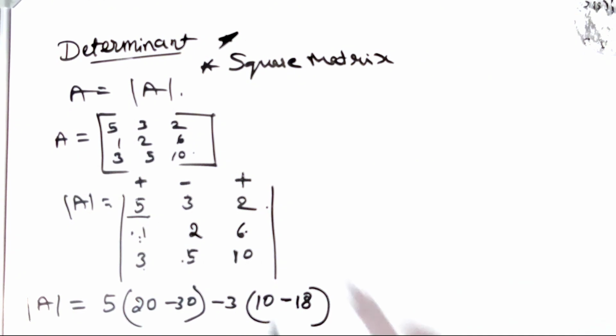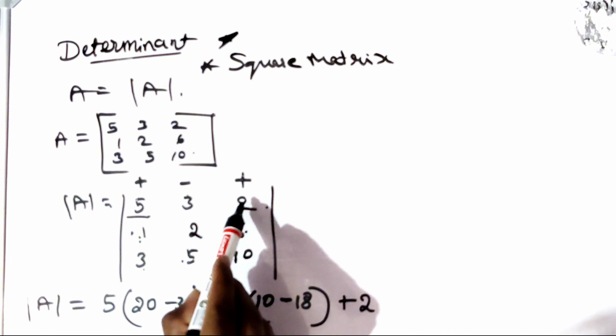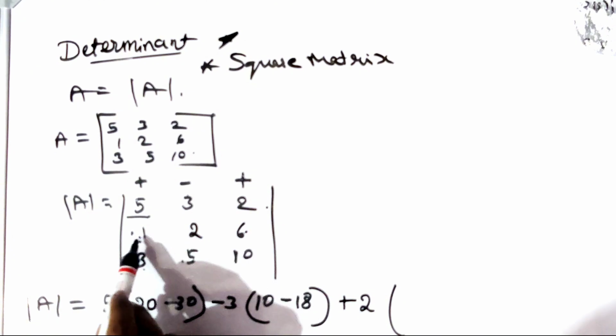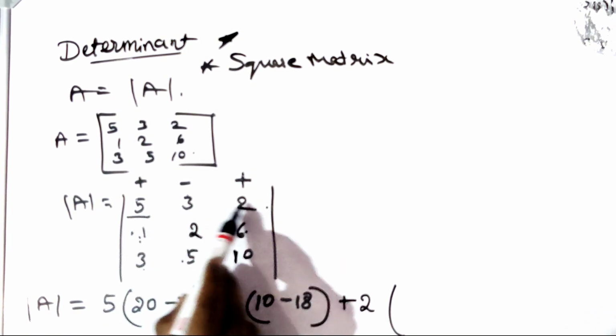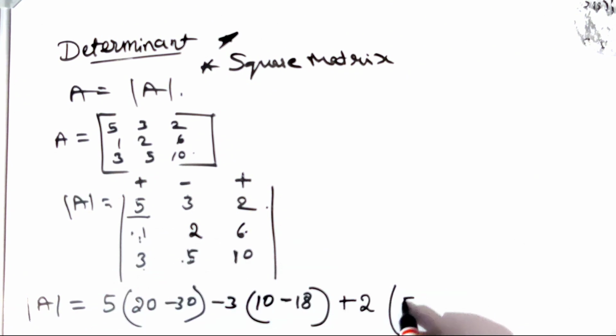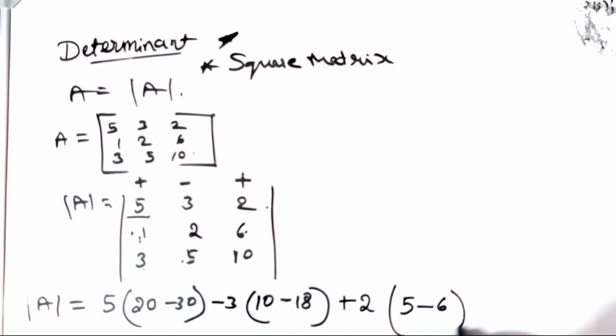The next element is 2. We neglect the first row and the third column: 1 into 5 is 5, minus 3 into 2 is 6.